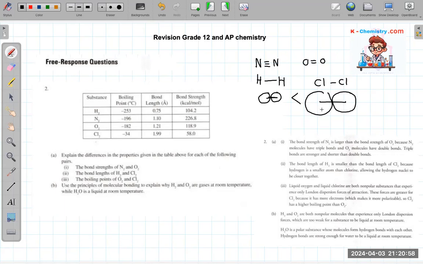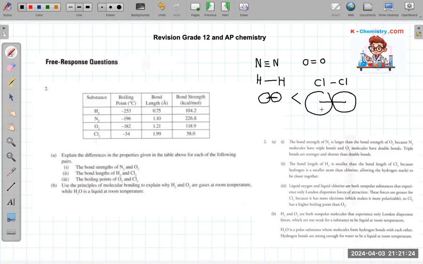And the boiling points of O2 and Cl2. You know that both of them are nonpolar molecules. So if we want to look at the boiling point, because both of them are nonpolar, it only depends on the electron count, their polarizability, and the strength of the LDF.